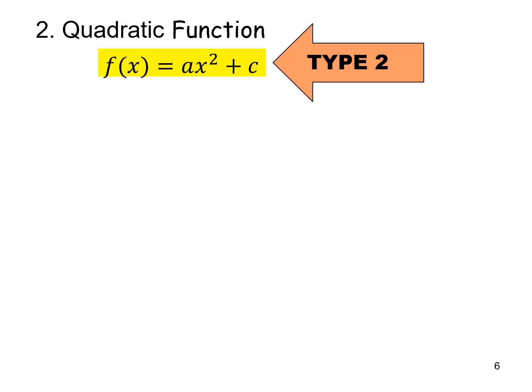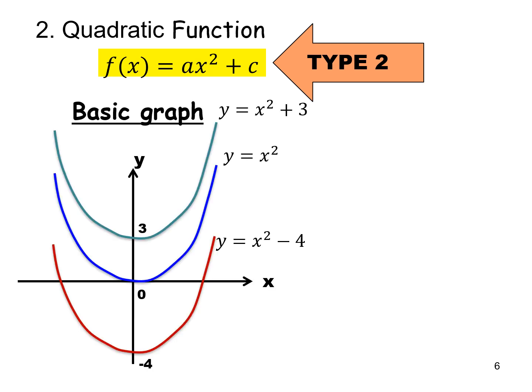Okay, for type 2, f(x) equals ax squared plus c. This graph has a basic graph, which is y equals x squared. This is a minimum because a is greater than 0.